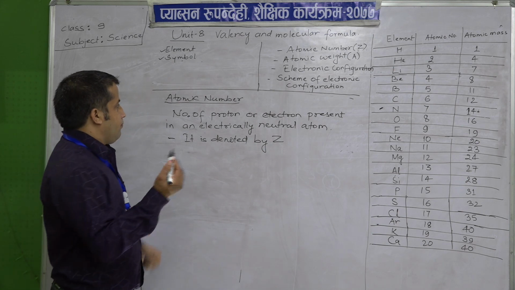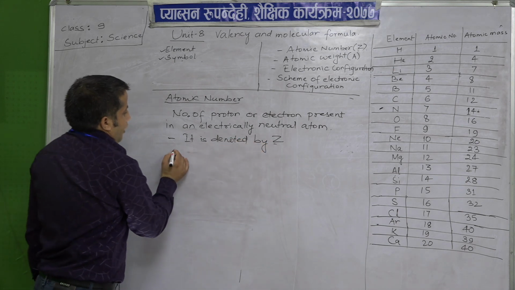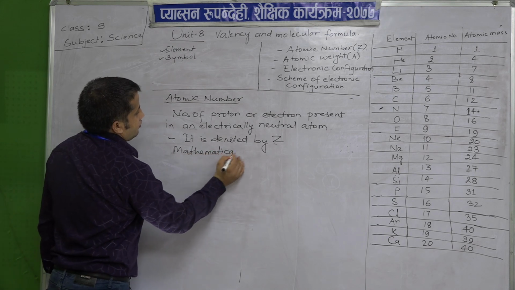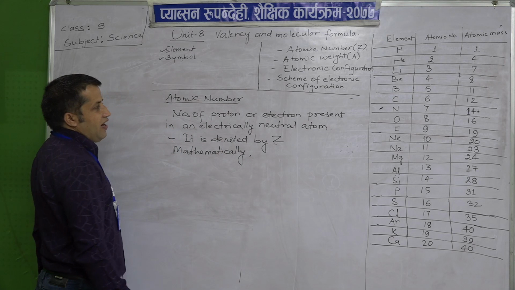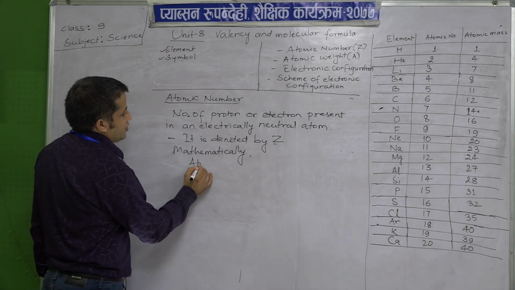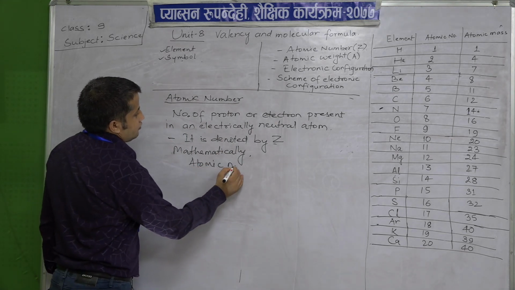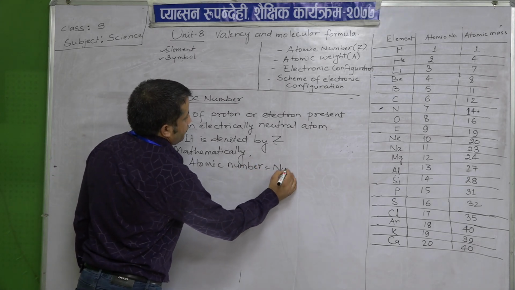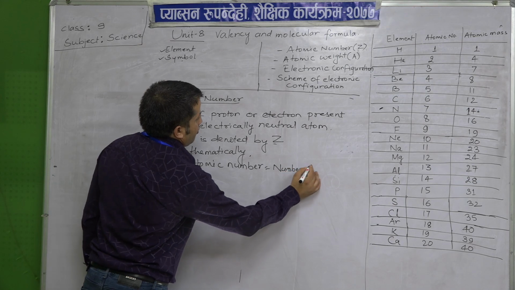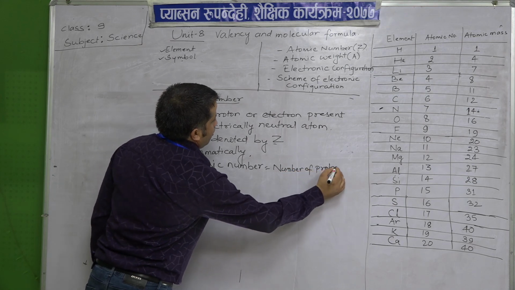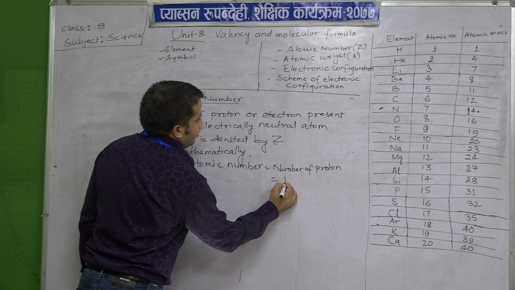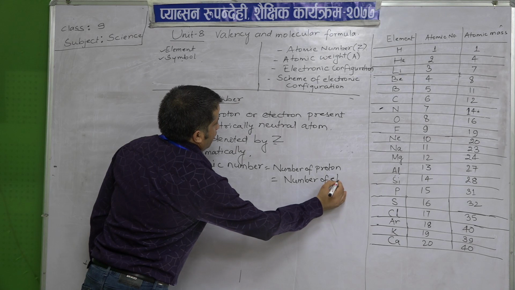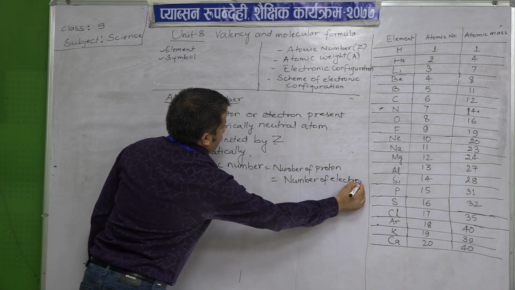Mathematically, we can write atomic number as the number of protons, equal to the number of electrons.